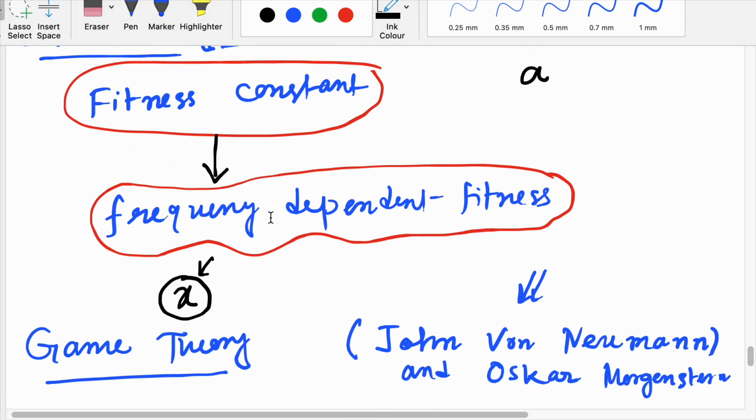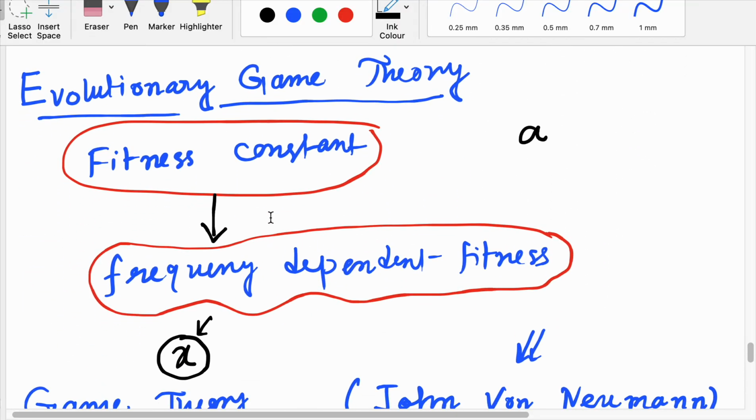That was what I was motivating at first. In the previous class we saw that fitness is constant and reproduction is at a constant rate. Now we want to introduce another concept, called frequency dependent fitness.